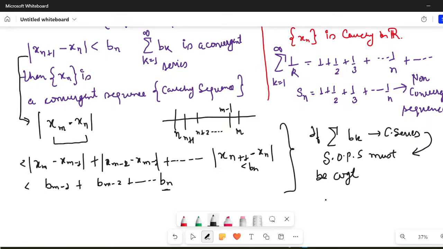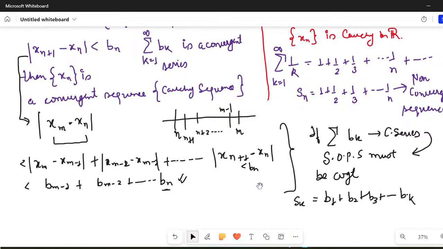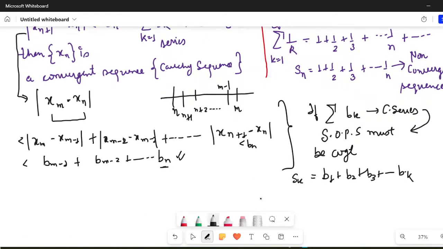And what is its sequence of partial sums? It would be b1 plus b2 plus b3 dash dash dash, let's say I'm writing Sk, till bk. This particular thing I can write simply as Sm minus Sn, isn't it?